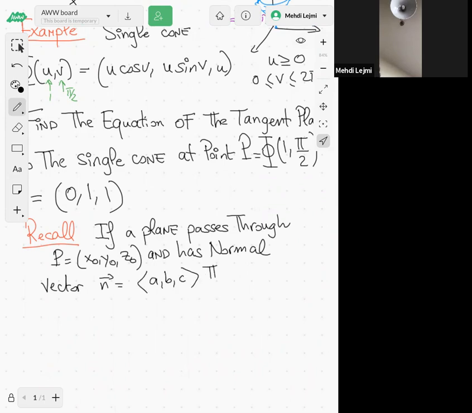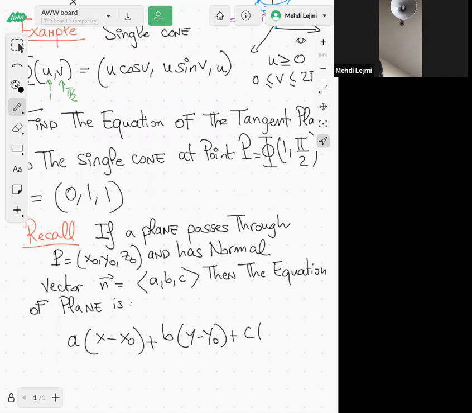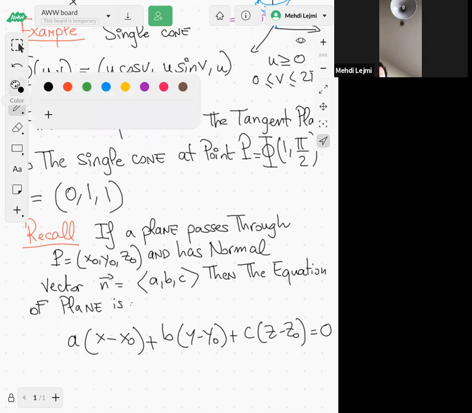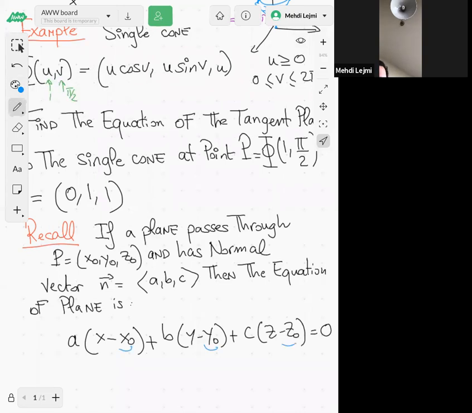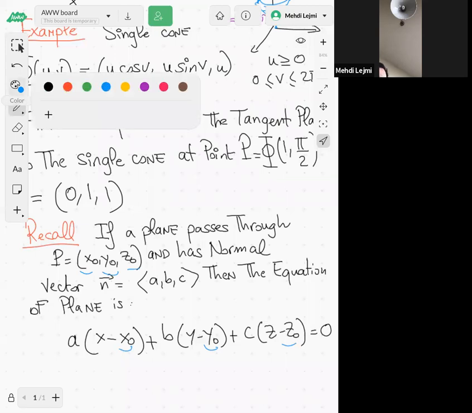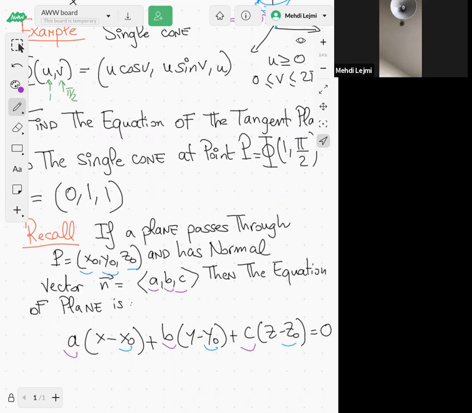Then the equation of the plane is a times (x minus x0) plus b times (y minus y0) plus c times (z minus z0) equals 0. Again, x0, y0, z0 are the coordinates of my point P, and a, b, c are just the components of my normal vector. That's the equation of the plane.